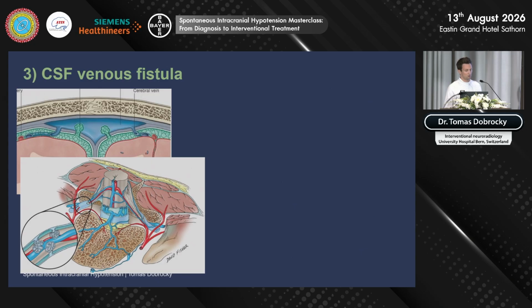The reason why CSF fistulas originate where they do is probably that, like the arachnoid granulations in the transverse sinus, similar structures are to be found on the nerve root sleeves. So this is the reason why there is a spinal CSF drainage.